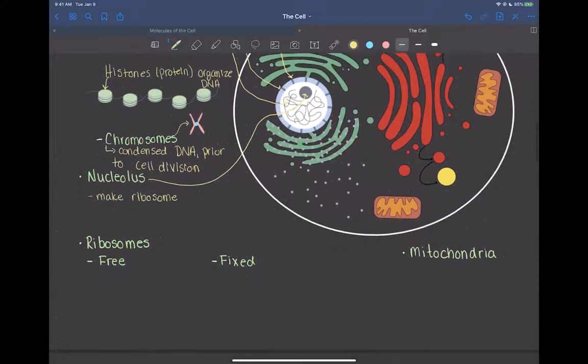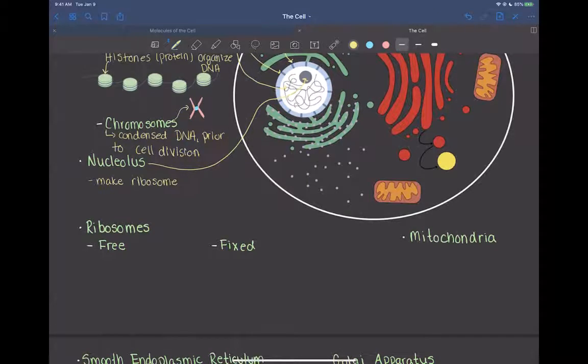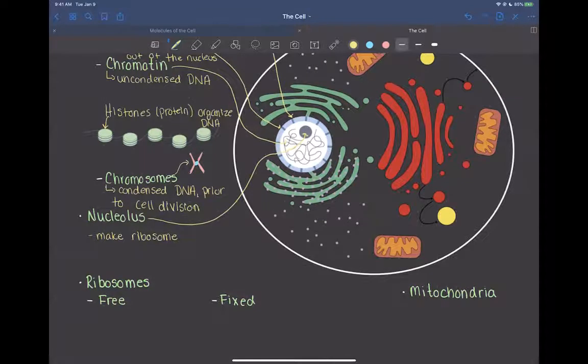All right, so let's just talk about ribosomes really quick. Ribosomes, as you can see on this picture, can be either fixed or free.